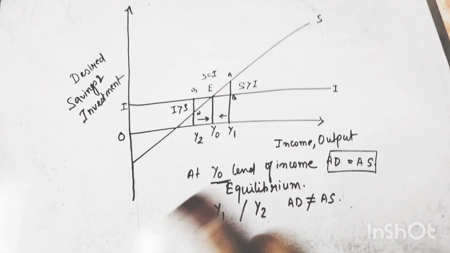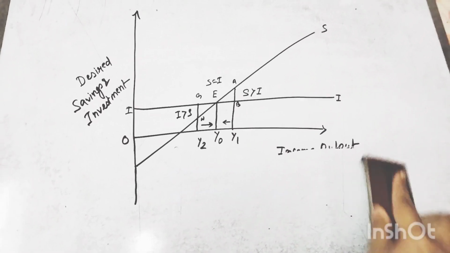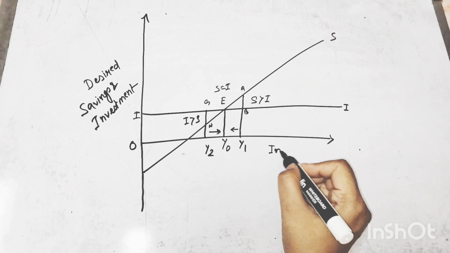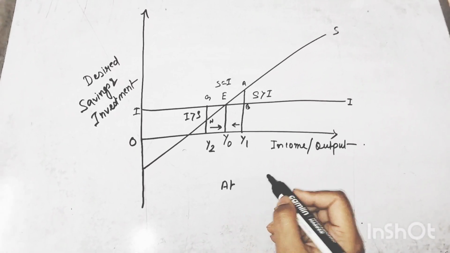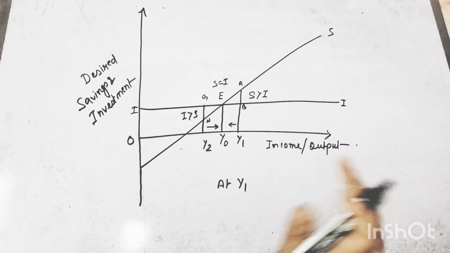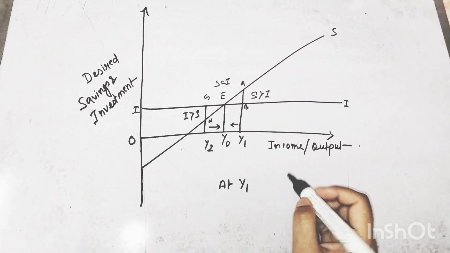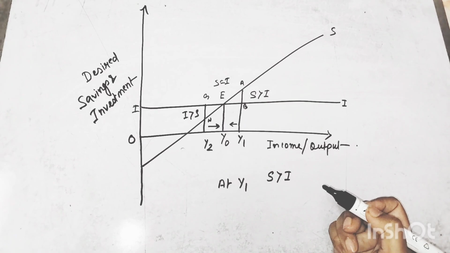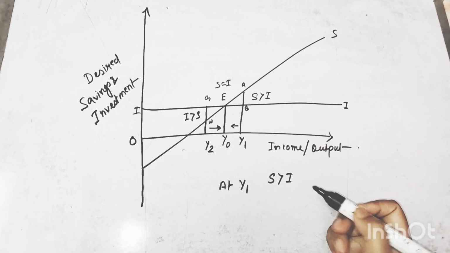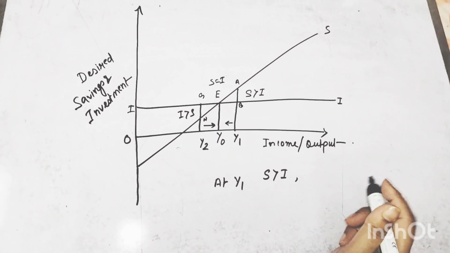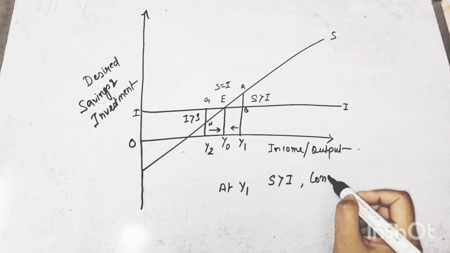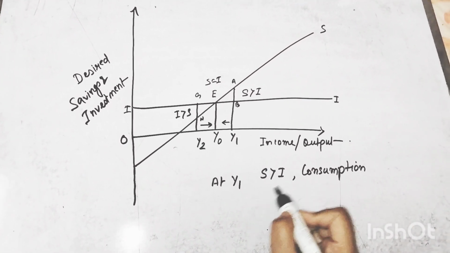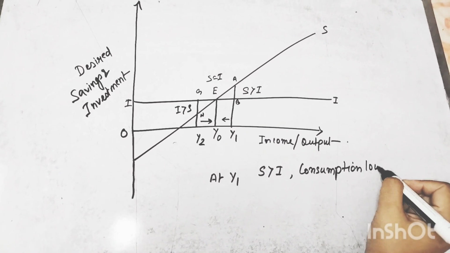Now at Y1 level of income, what will happen? Your saving is greater than investment. That means if your saving is greater, your consumption will be low.